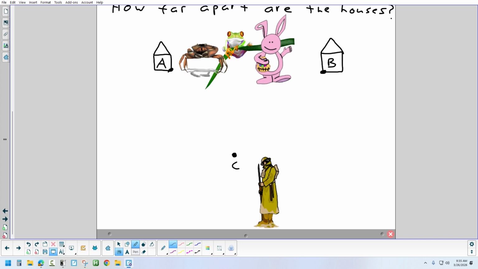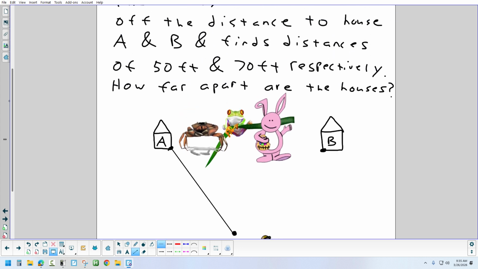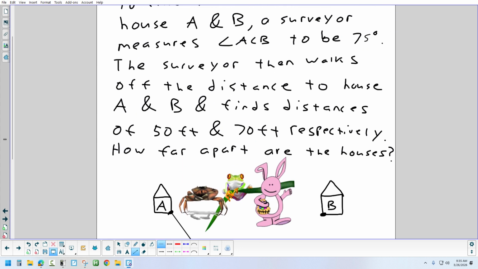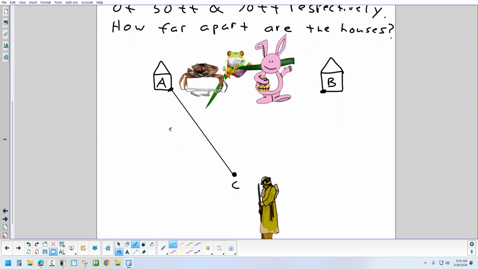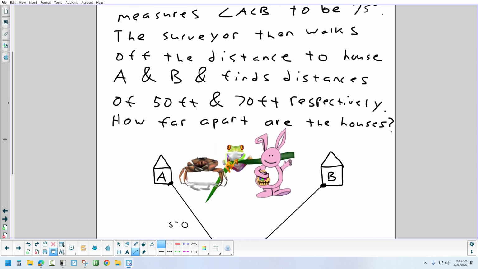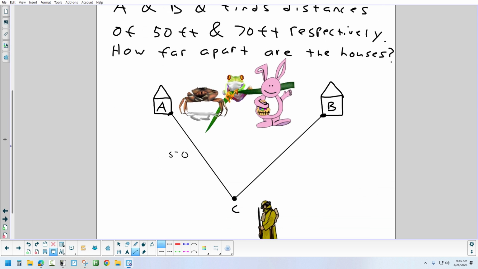So that's what we're trying to figure out. We've got the surveyor, and a couple lines we can draw in. We know the distance from the surveyor to house A. The distance is 50 feet. We also know the distance over to house B. That distance is 70 feet.